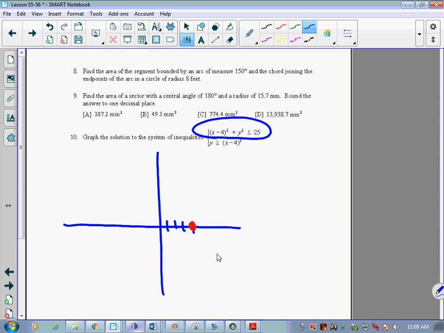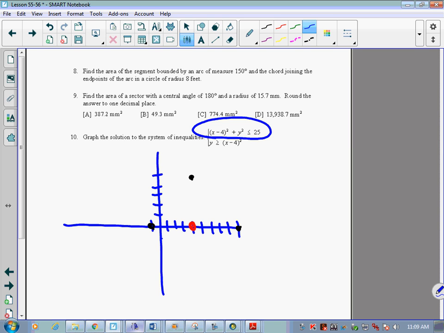So I'm going to count, 1, 2, 3, 4, 5. Okay, I got a spot there. Okay, 1, 2, 3, 4. Okay, 5. So I've got a spot here. We're going to count up 1, 2, 3, 4, 5. Okay, we're going to get a spot roughly right around in there.